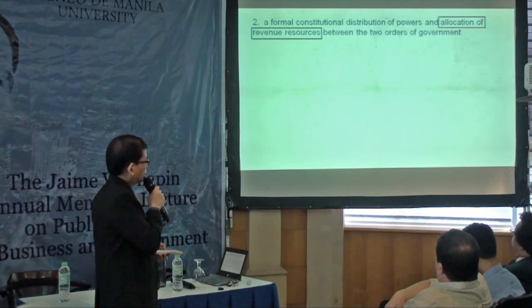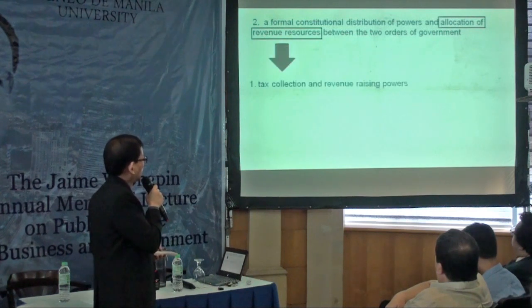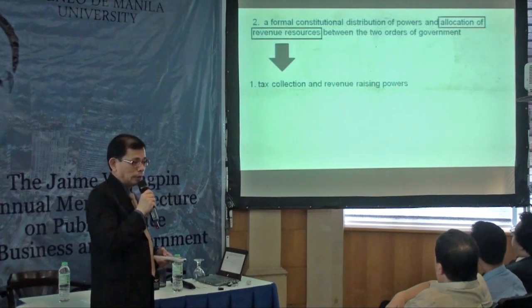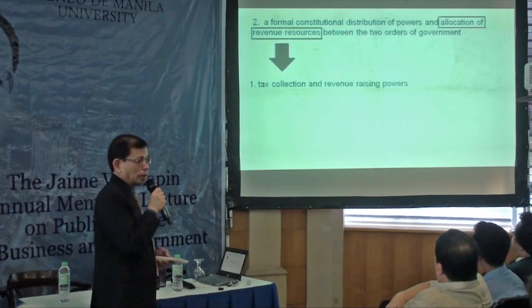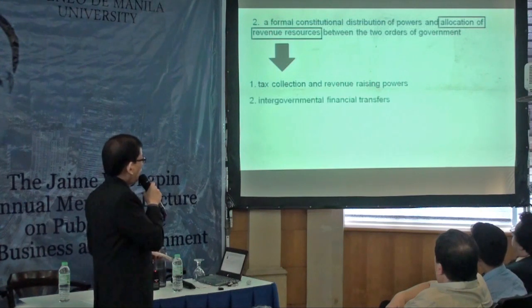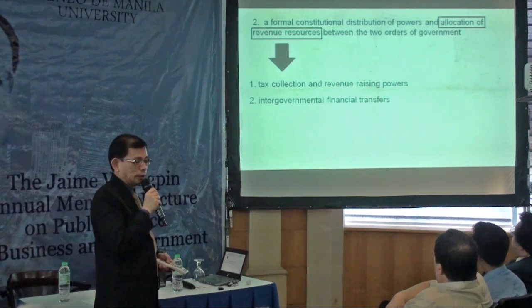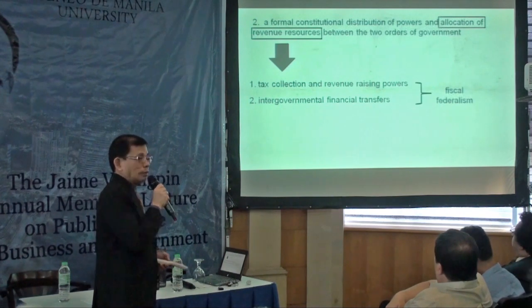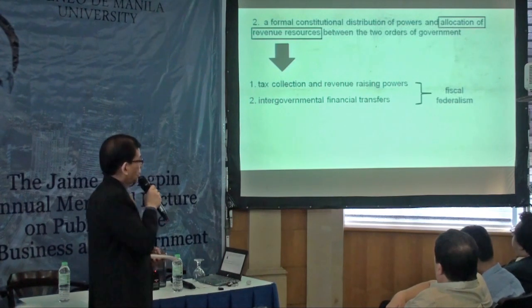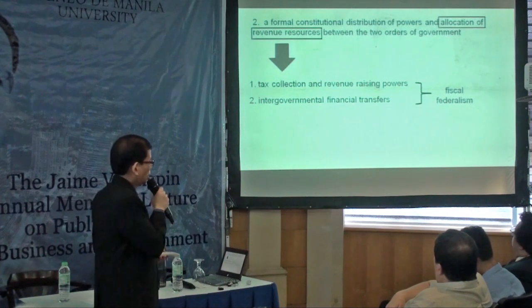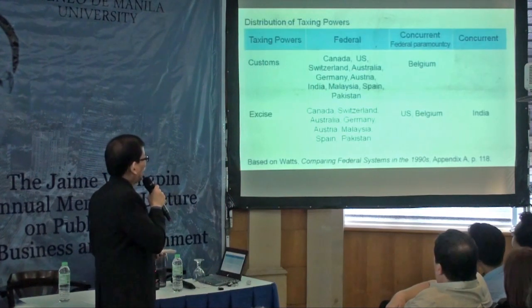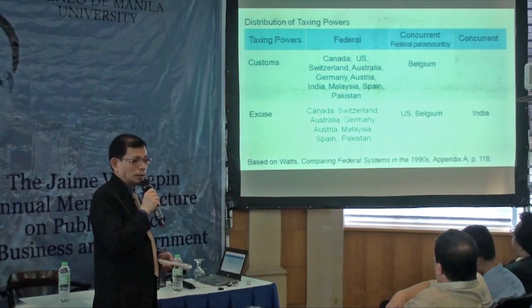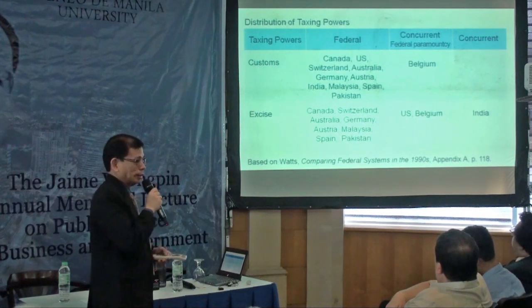In terms of allocation of revenue resources, this would be composed of two things: tax collection and revenue-raising powers, and intergovernmental financial transfers. Together, they are known as fiscal federalism. We could discuss first tax collection and revenue-raising powers. We have a distribution of taxing powers. We did not go through this in detail.